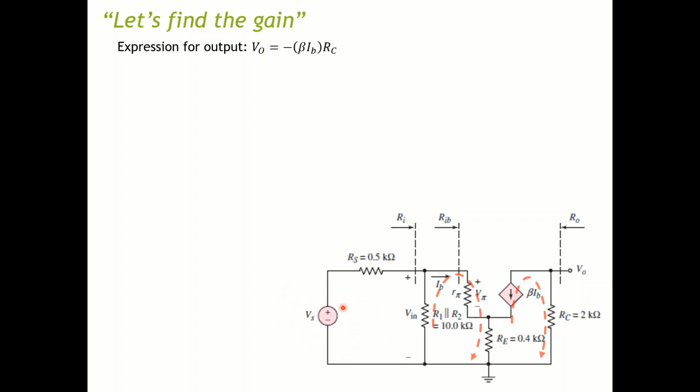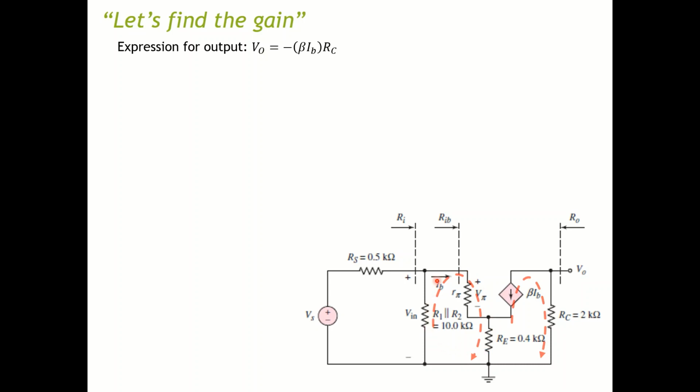Next, we want to find our input, which is the source voltage, but let's start with the input voltage at the base first. In order to do that, we have to analyze this loop here.